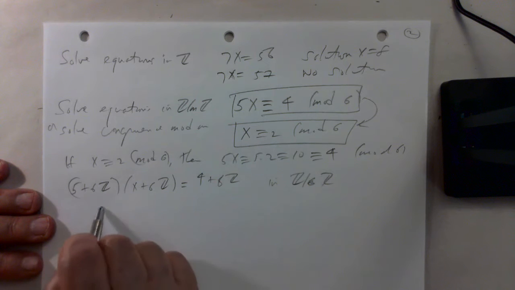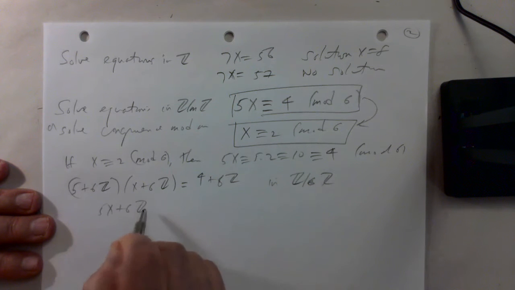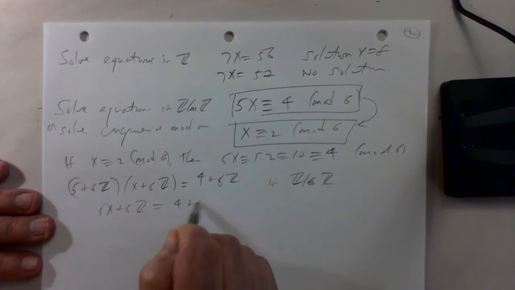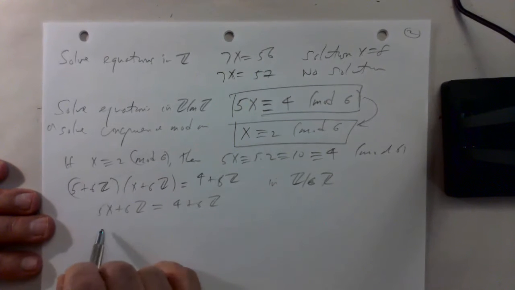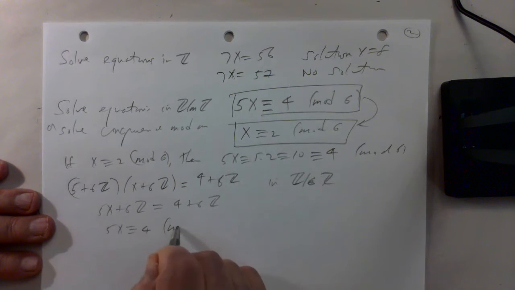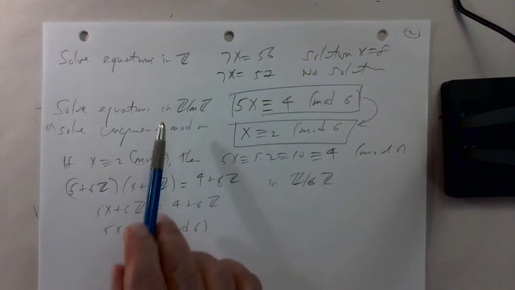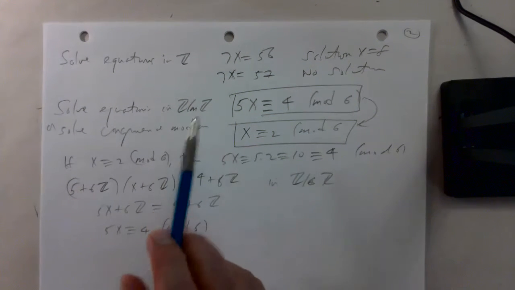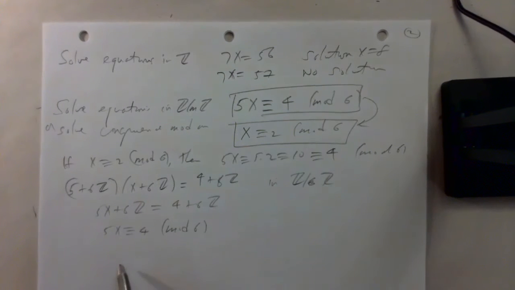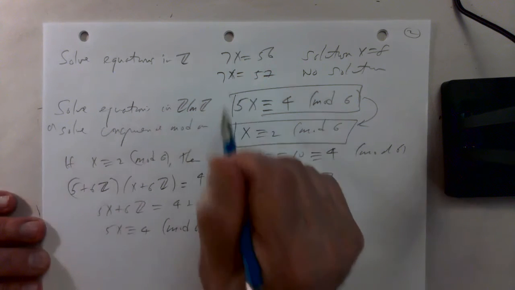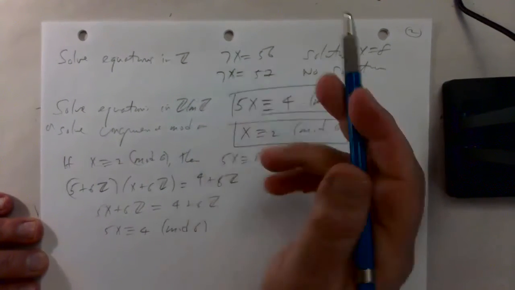This is the same as saying 5x plus 6Z equals 4 plus 6Z, which is the same as saying 5x is congruent to 4 mod 6. So there's an equivalence between solving equations in the ring Z mod MZ and solving congruences. For simplicity, I'm just going to talk about solving congruences. Now, these congruences are just like linear equations. They are linear equations.